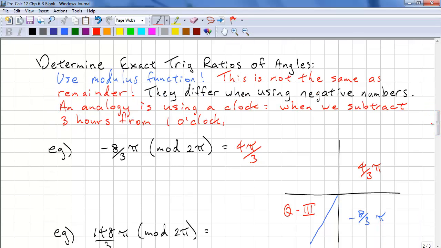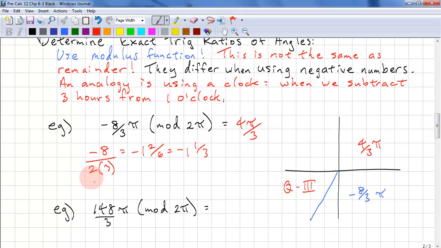And how do we calculate modulus? Okay, so we have negative 8, and we have to put 2 in the denominator. This equals negative 1 and 2/6, which is negative 1 and 1/3. Now we have to multiply 2 by negative 1/3 plus 1 in brackets, and we get 4 over 3. This is 2/3 times 2, and we get 4 over 3.